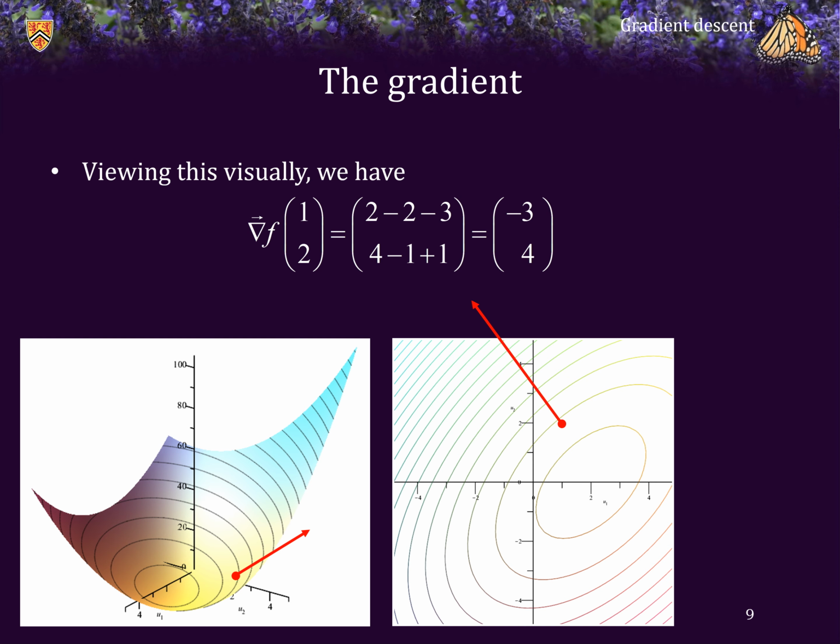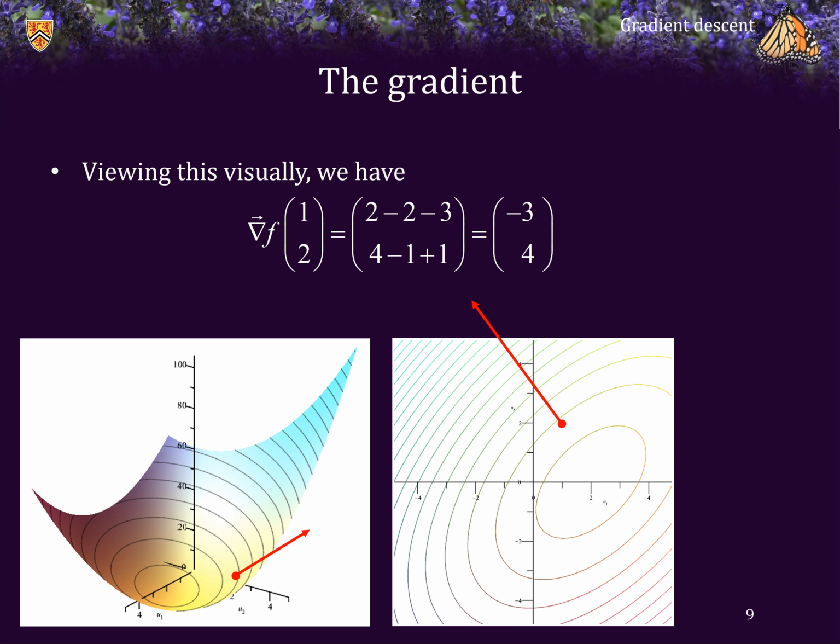As you can see, at this point, we are moving away from the minimum. That is, we are going in the direction of maximum increase at that point. Now, on a contour line, every single point is at the exact same height. So if you were walking along a contour line, you would not be changing your elevation.